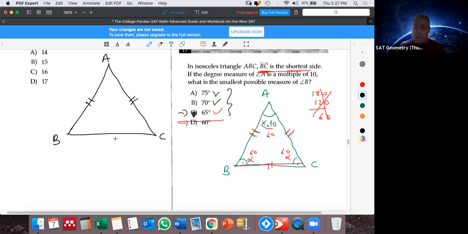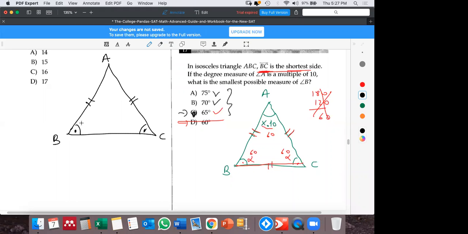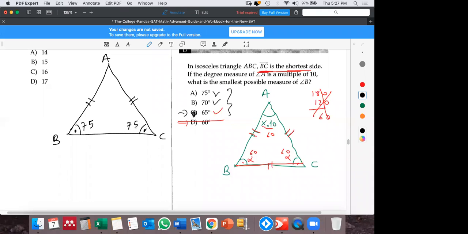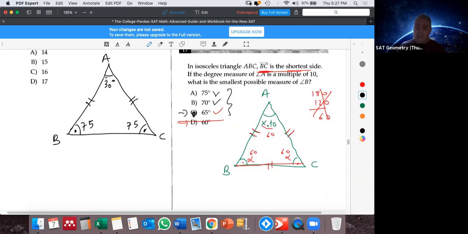So this is the shortest side, and the other two are isosceles. If the answer is 75, 75 and 75 makes 150. So what is left? 30. So is this a regular triangle or not? Yes, this is a triangle.